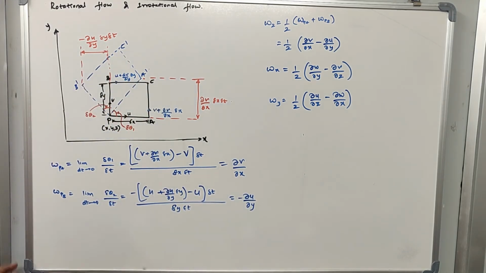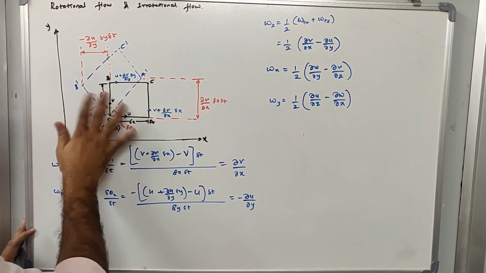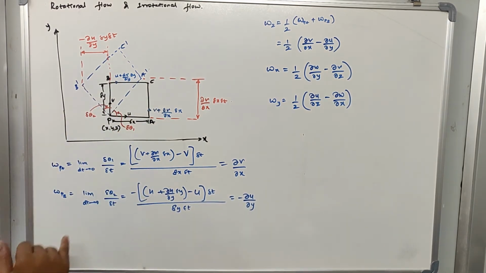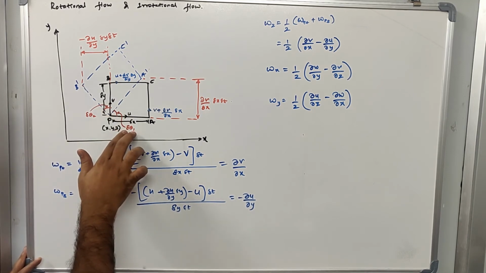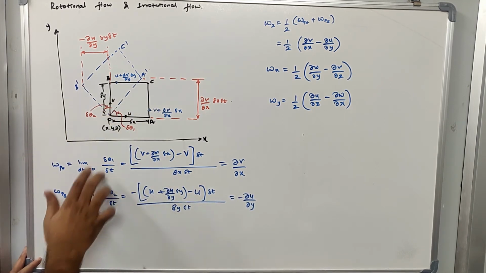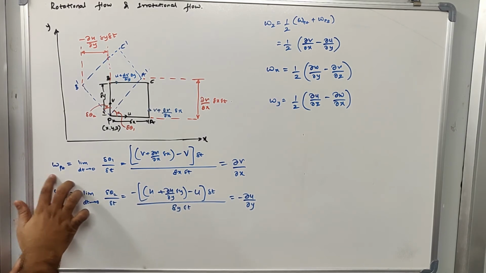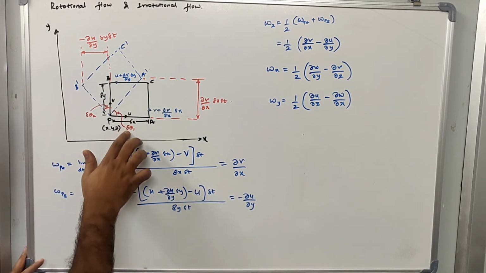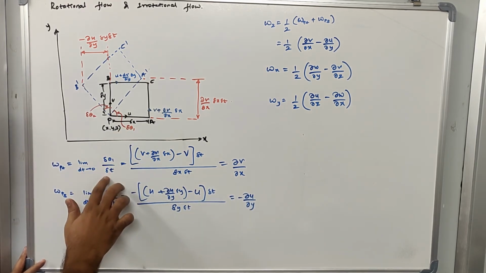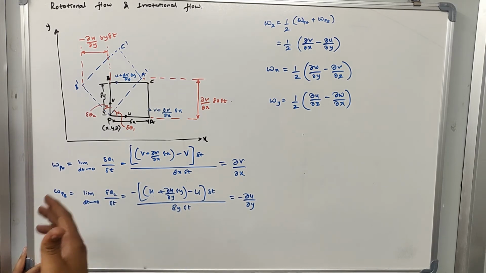Now, if I calculate the rate of change of angular deformation at these two lines, I can calculate omega. Omega is nothing but the angular velocity, right? So what we can do is delta theta 1 divided by dt, where dt is the change of time.